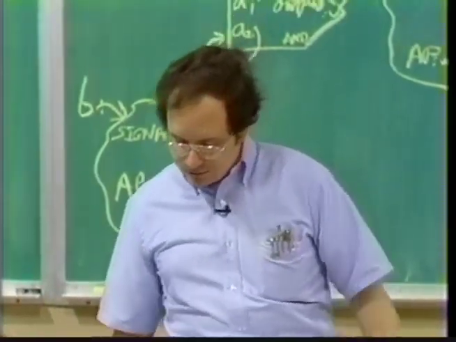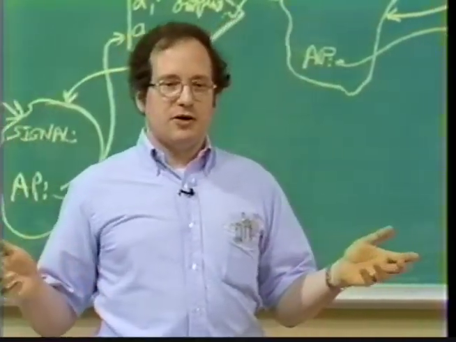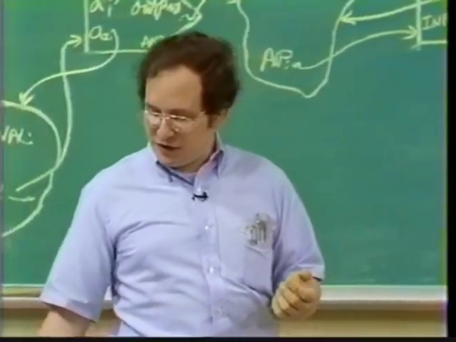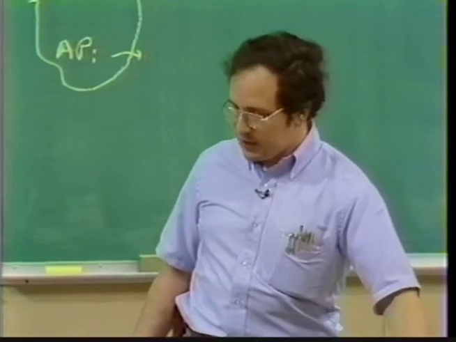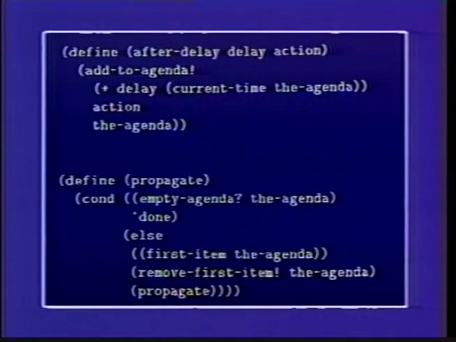For example, how am I going to control this thing? How do I do these delays? Let's look at that for a second. We know when we looked at the AND gate or the NOT gate that when a signal changed on the input, there was a delay.